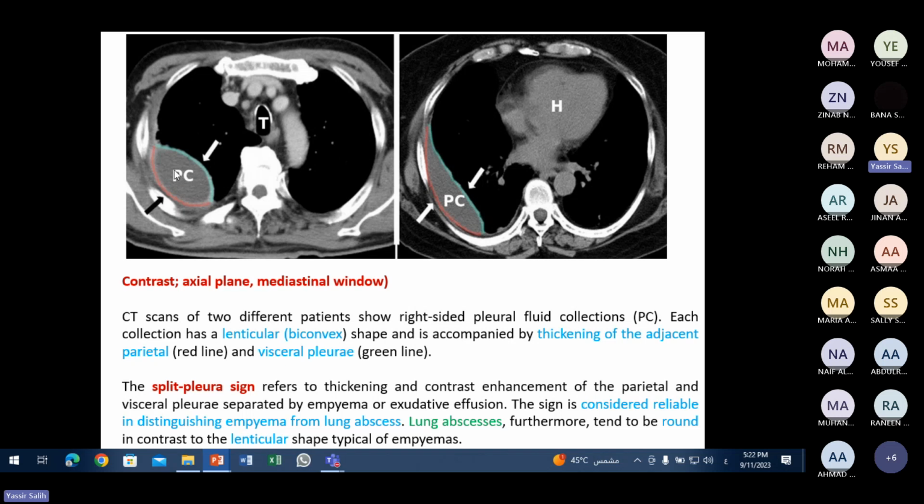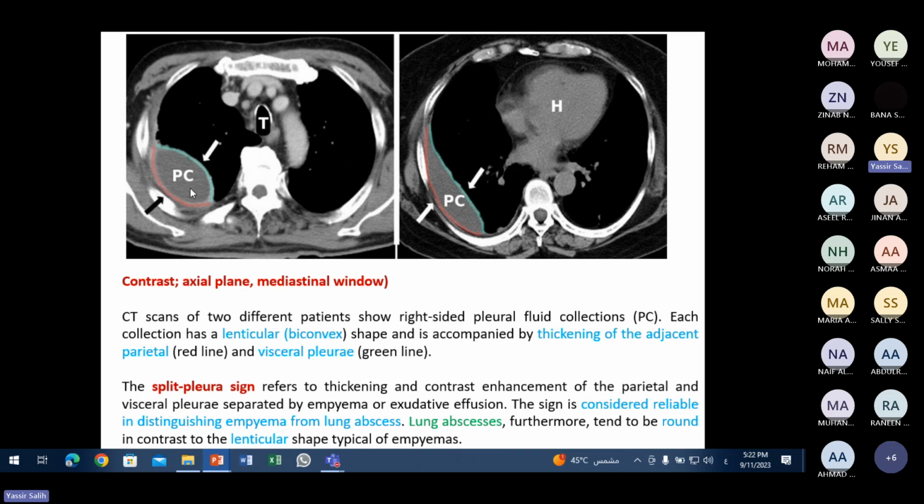عرفنا كيف empyema؟ لأنه عندنا fluid collection between the two enhancing pleural layers with characteristic shape اللي هو lenticular, biconvex shape. This is called pleural empyema والساين دي بنسميها split pleural sign. So split pleural sign اللي هي ايش يعني؟ بيحصل thickening and contrast enhancement of both pleura, parietal and visceral.